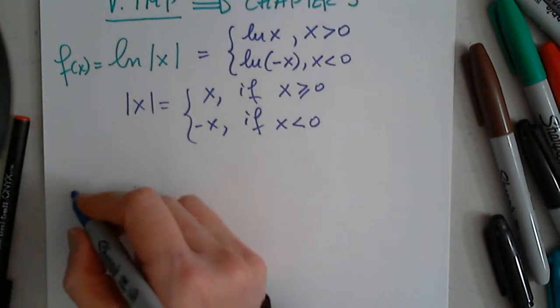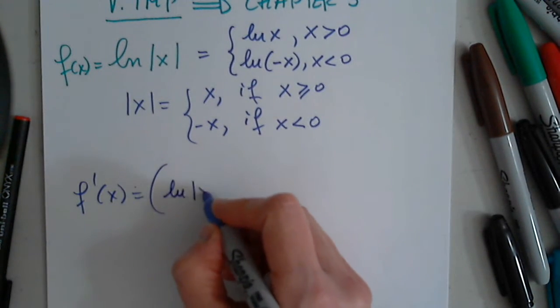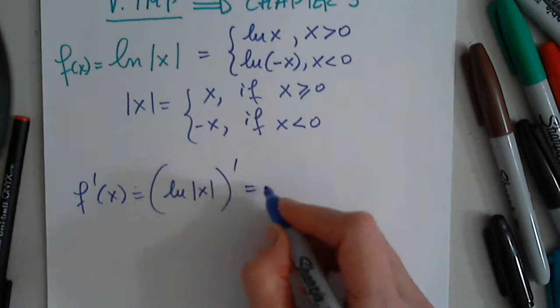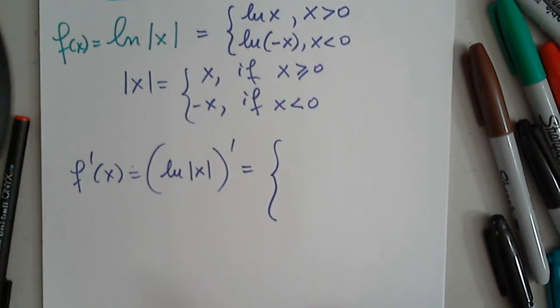I would like us to determine f prime of x now for this function. So natural log of the absolute value of x prime, and we have two options. Can anyone help here? Oscar, do you want to try? Okay, so for the first one would be 1.